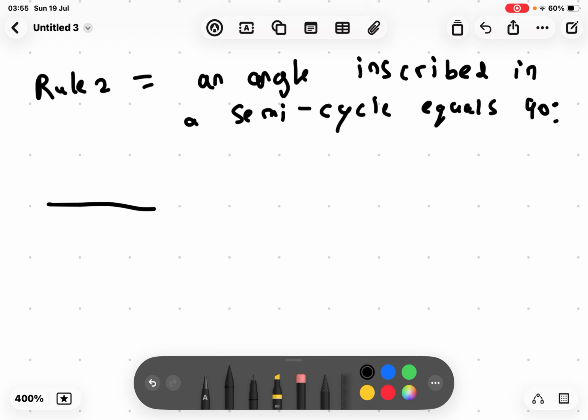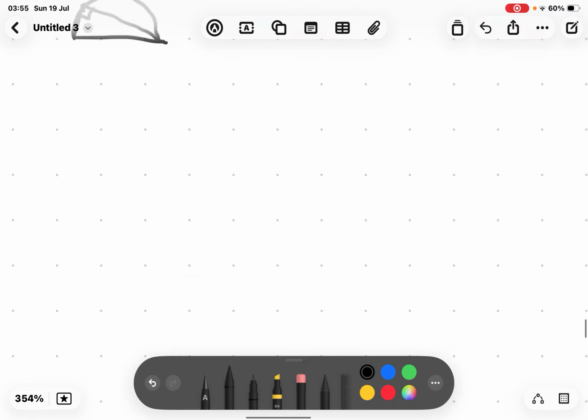So let's say we have a semicircle. No matter where you put the point and connect it to the edges, it will be a 90. It guarantees you that.